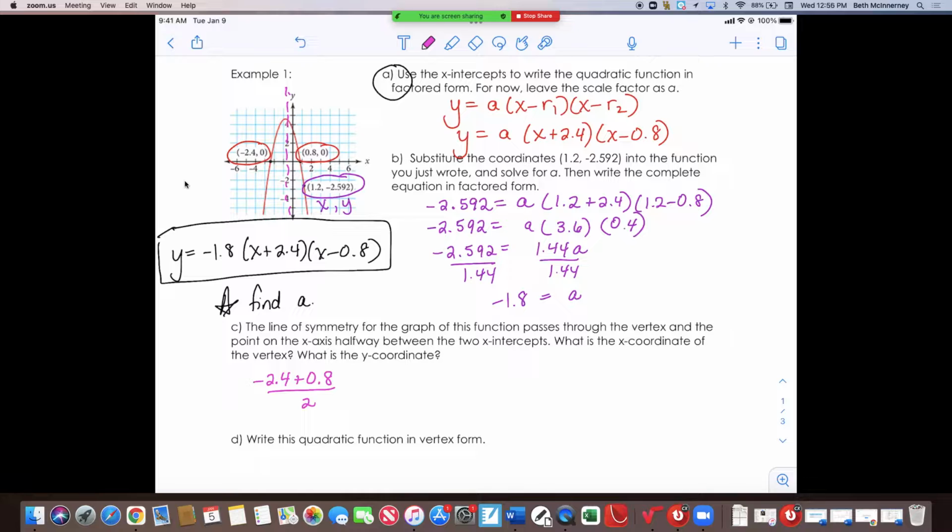Whoops. Actually, sorry, let me correct myself. I need to know the total distance. So it's 2.4 to the left and 0.8 to the right. So that is a total of 3.2, over 2, which is 1.6, is half the distance.